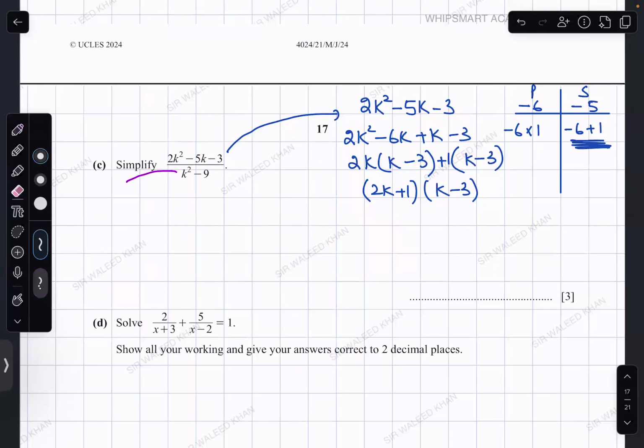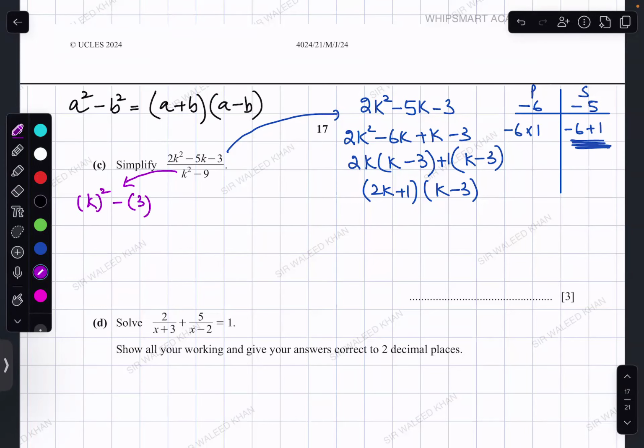For the denominator, I can see that there are two perfect squares. If there are two perfect squares and a negative sign like this, it will always end up like a plus and a minus. So k squared is a square of k, and 9 is a square of 3. So I'm just going to put them in a bracket, one with a positive, one with a negative, because I applied the identity, right?